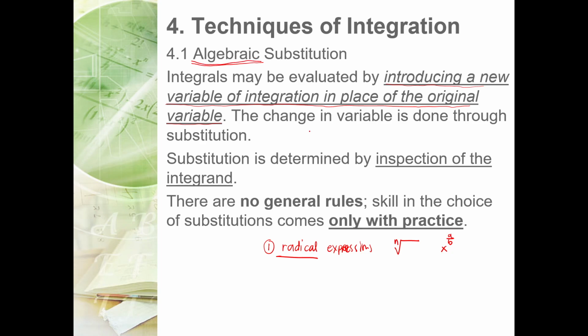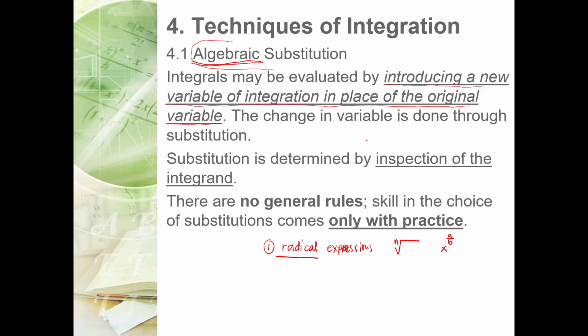There may be some examples wherein you use trigonometric functions, but only simple trigonometric functions inside the radical expression. You may also use this particular technique, but again, only for simple trig functions, not the complicated versions. For example, what's inside here is just sine x, then you can use it.